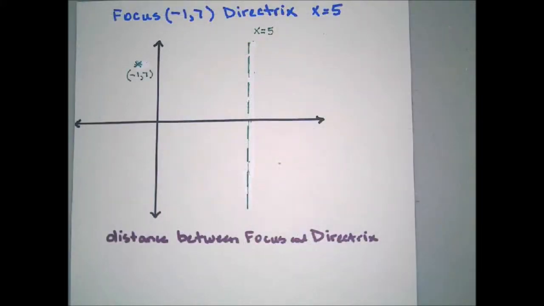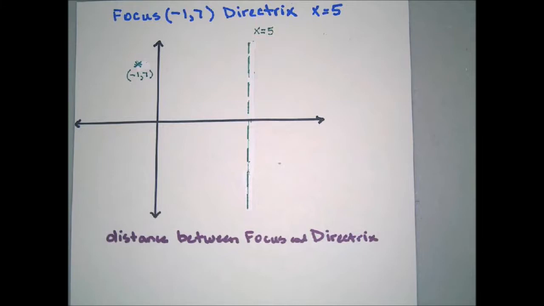In this last example, I'm going to show you how to write the equation of a parabola in a different method. Instead of using the formal definition of the parabola, which uses the distance formula, and it's very, very algebraic, there's another way of doing it, and it doesn't involve anywhere near as much math, but it's very intuitive.